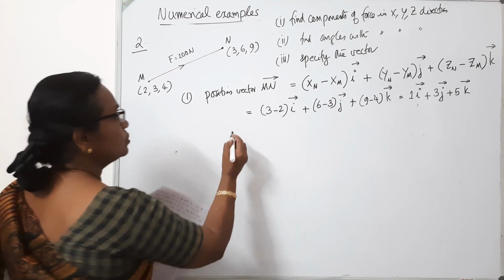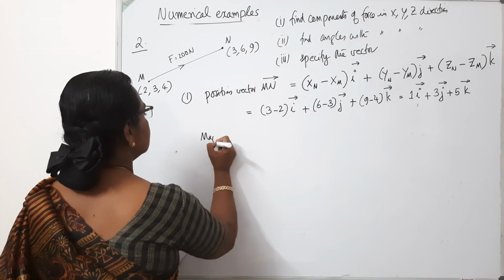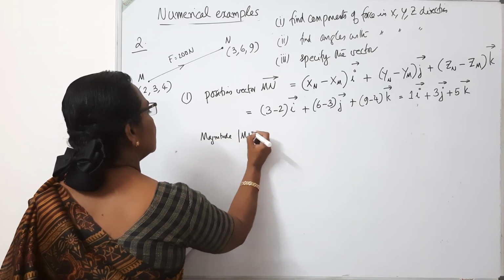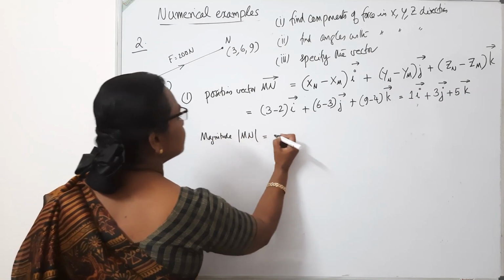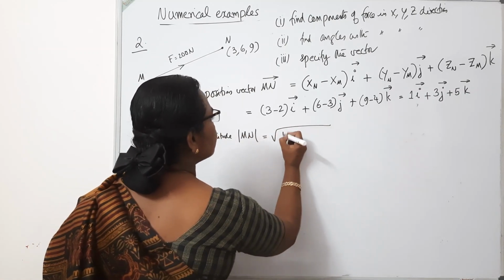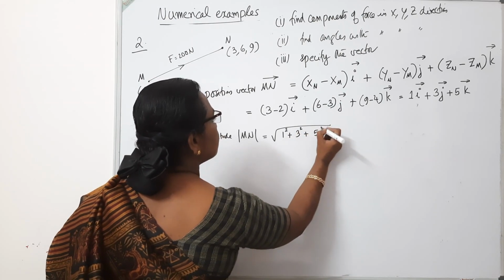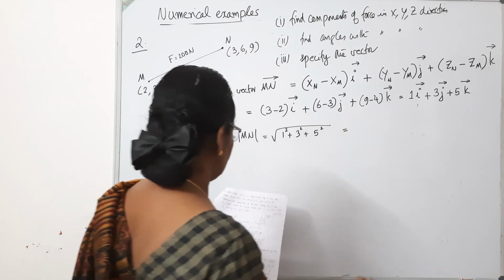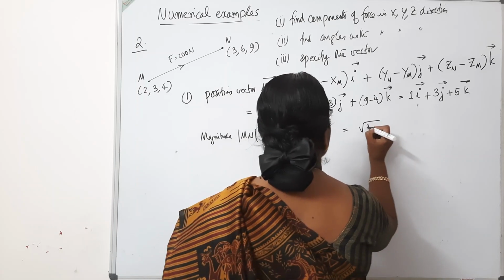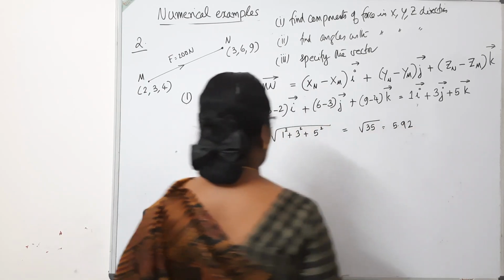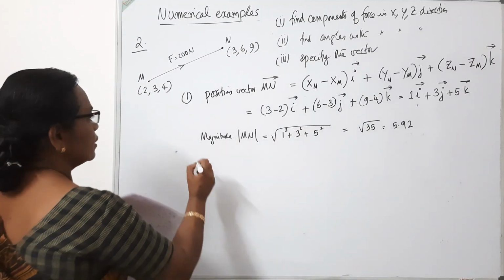Now what is the magnitude? The absolute value of MN will be equal to root of 1 square plus 3 square plus 5 square. So that is equal to root 35, 5.92.